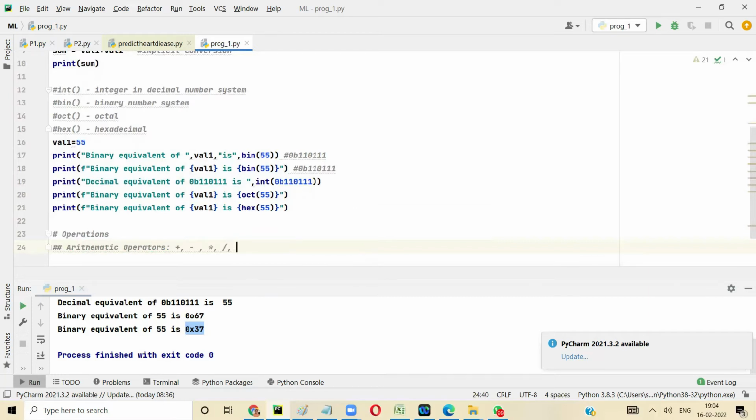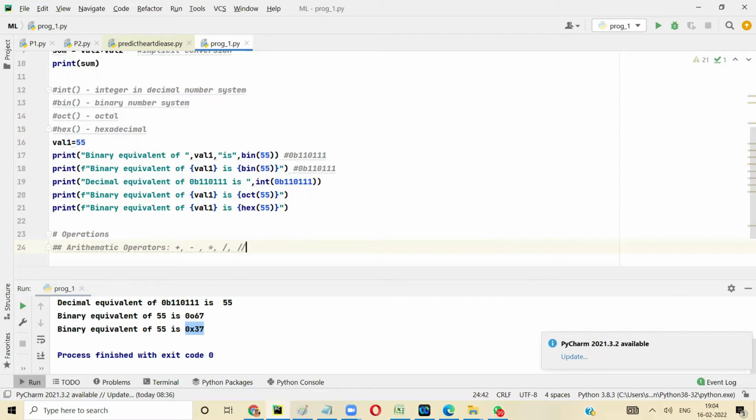You have double divide. This is called floor division or integer division. We'll see the outcome. Single divide will give us the values in float format. If I say 10 by 2, it will be 5.0. But double divide will give us an integer. If I say 9 by 2, it will be 4, not 4.5.